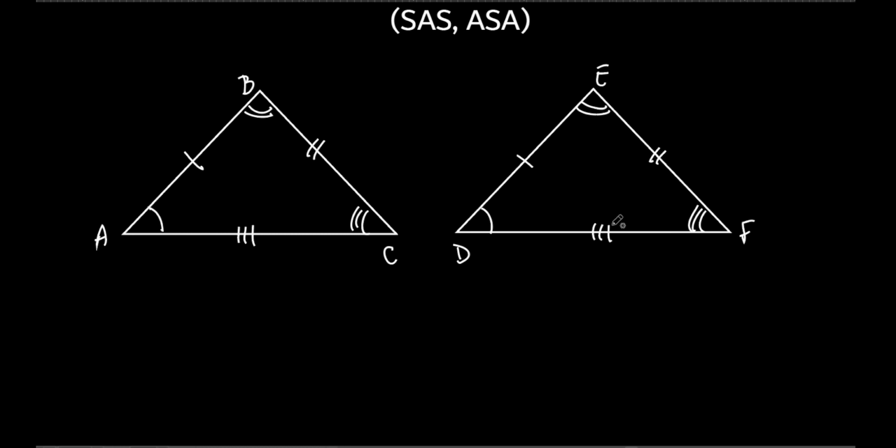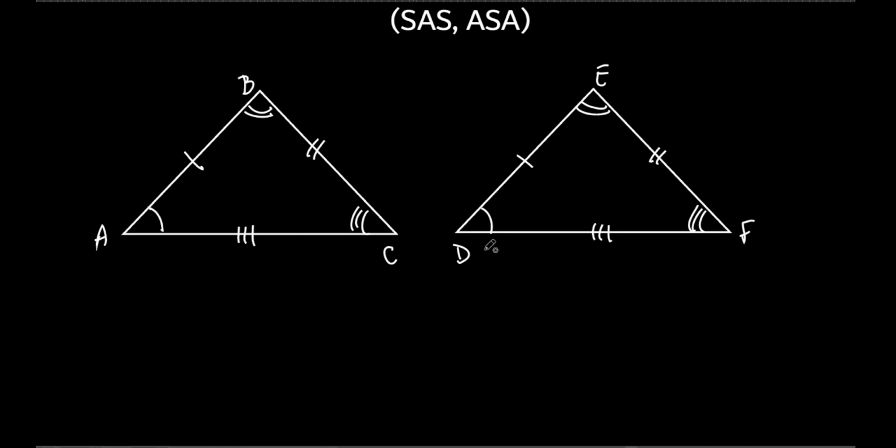Does that make sense? All right, so if I could have told you that all 3 of these angles were equal to these 3 angles, all 3 of these sides were equal to these 3 sides, then I could say that these triangles were what? Congruent, all right? But you don't always have to show all 6 things, all right?